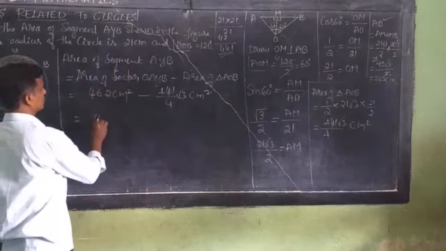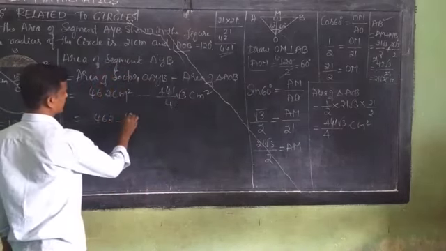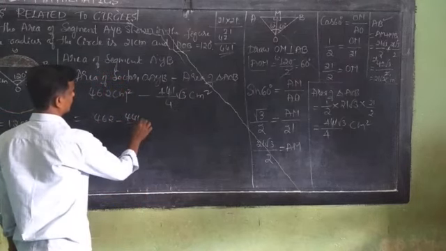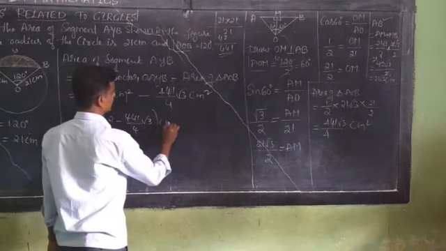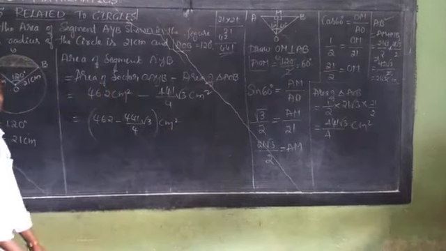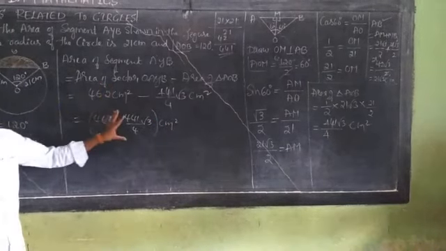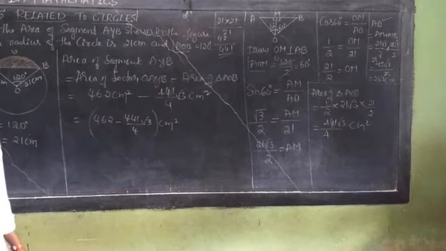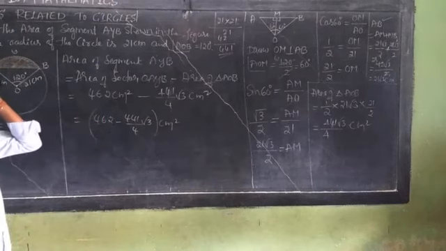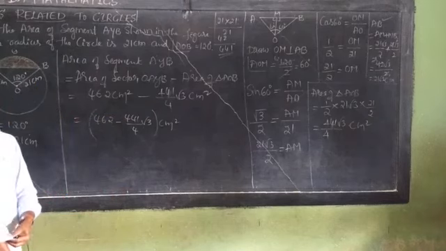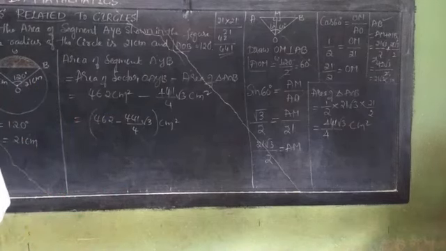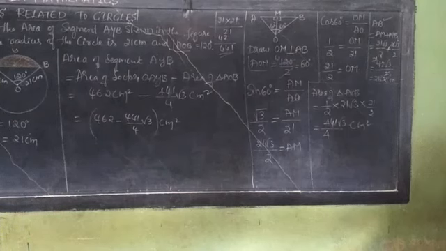That is equal to 462 minus 441 by 4 root 3. This is the answer. We have to put the answer as it is. No further simplification is required. Okay. Now we pass on to the next problem.